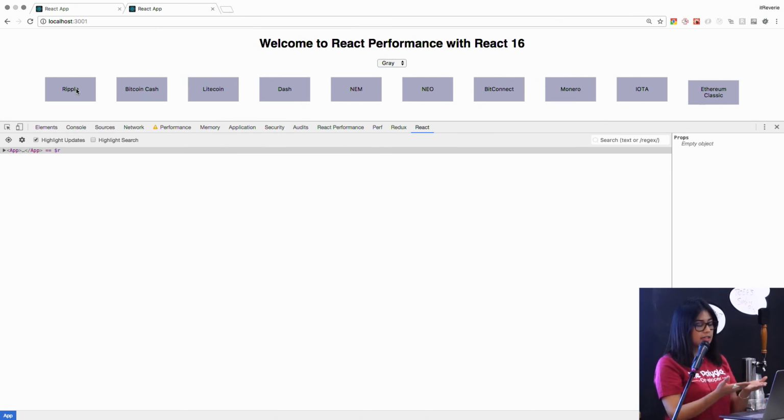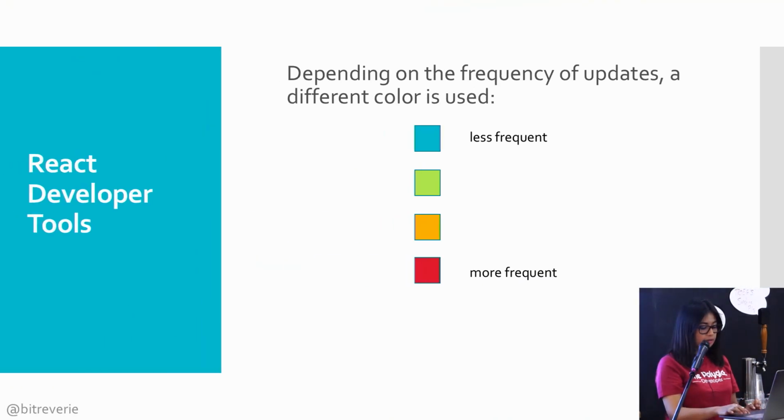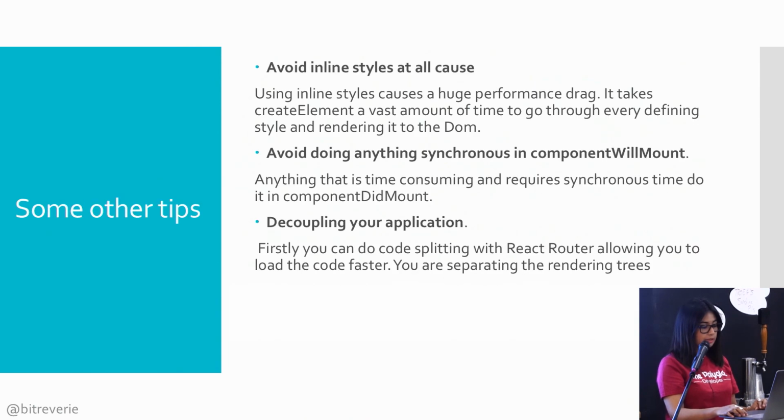And the React developer tool is telling us those components have been updated. So that's another way to know which components have been updated. So we definitely have different tools. The colors of the frames depend on how frequently those components have been updated. If it's blue, it's less frequent, but if it's red, it means that component is rendered quite frequently.